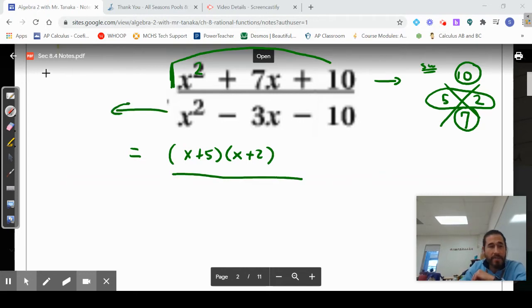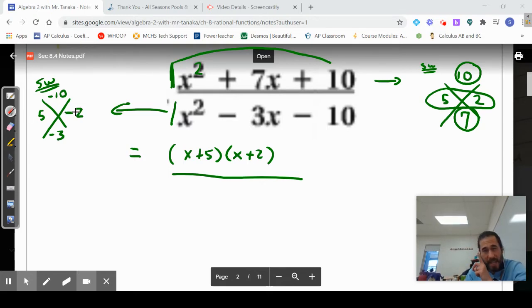Now I also have to do a little side work and factor the polynomial on the bottom. 1 times negative, this time it's negative 10, and in the middle I have a negative 3. Guess what? A 5 and a 2 work again. 5 times 2 is positive 10 though, so maybe I put a negative there.